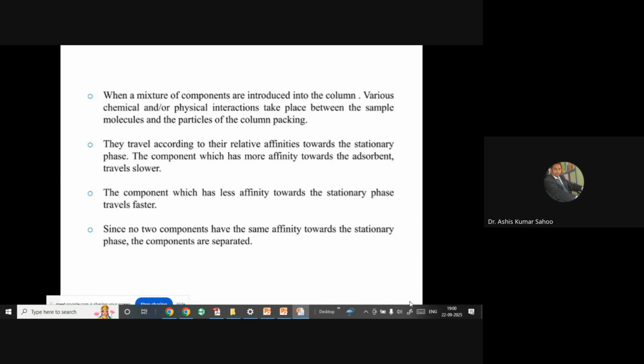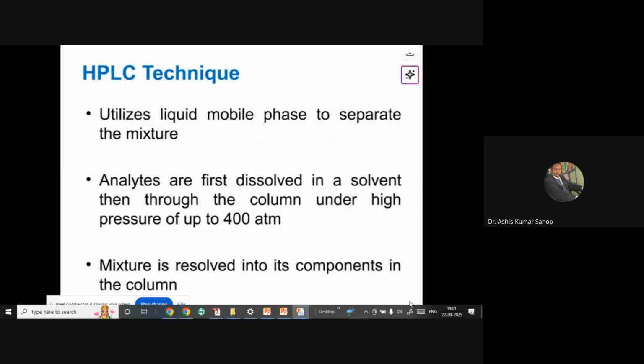The component which has less affinity towards the stationary phase travels first, faster, and will elute faster. So in HPLC, we utilize a liquid mobile phase to separate the mixture.